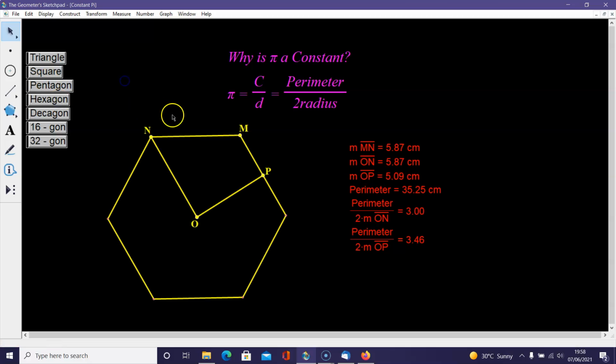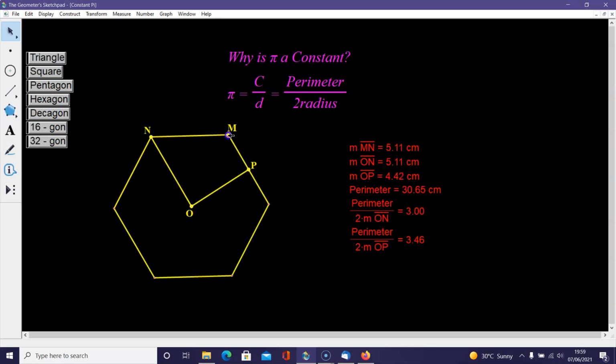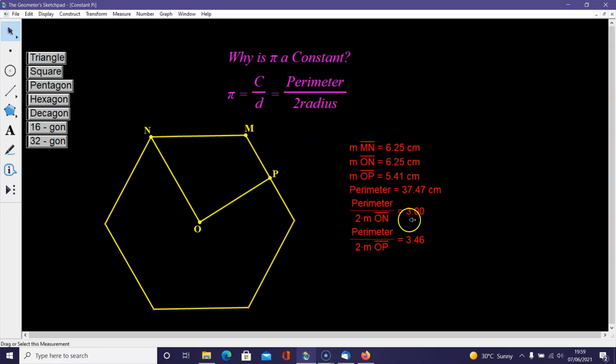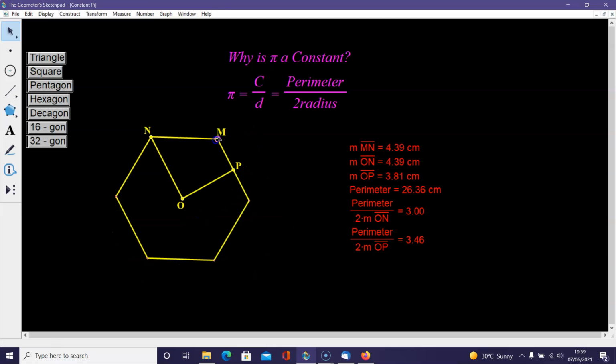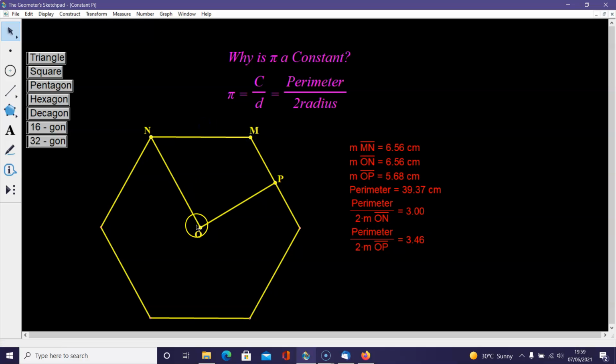So I'm noticing that these two ratios seem to be getting closer together. Let's move to a hexagon now. And my hexagon gives me the same property that these ratios are fixed, but I'm now at 3.0 and 3.46. So those ratios are starting to get closer together, and part of the reason is the distance from the center to a side and the distance from the center to a vertex, those two measurements are becoming closer to each other, and the perimeter is the same.